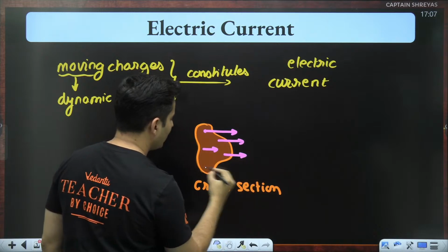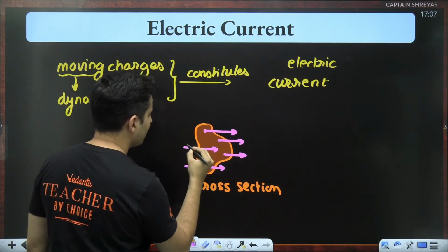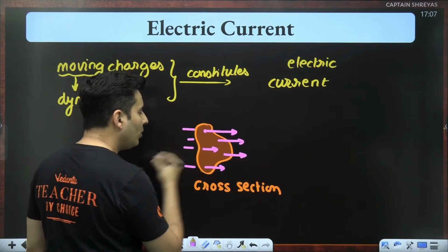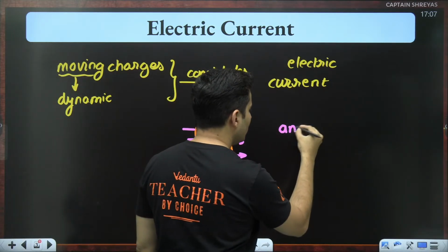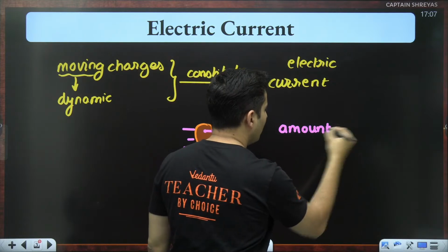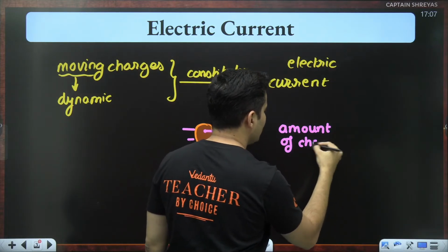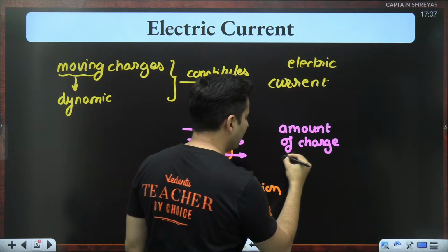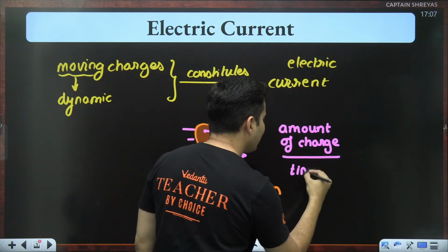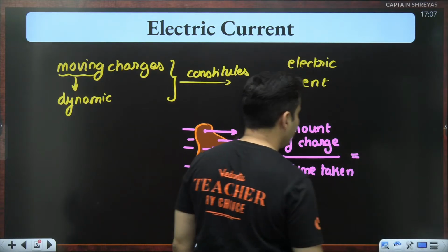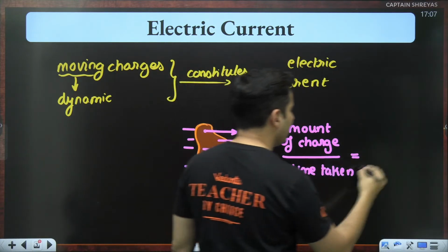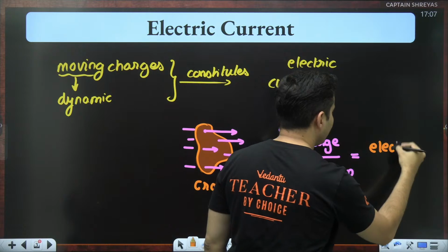The amount of charge that passes through that cross section upon the time which is taken for it is basically called your electrical current.